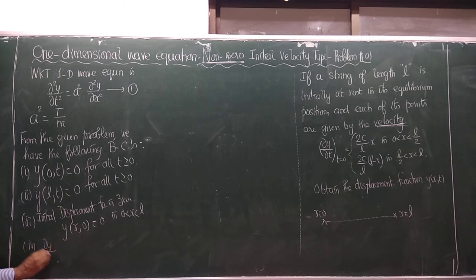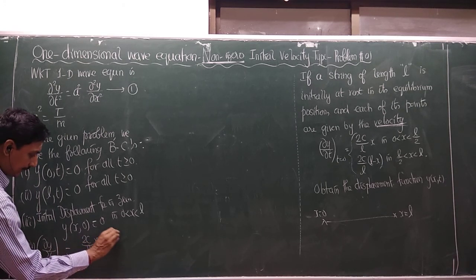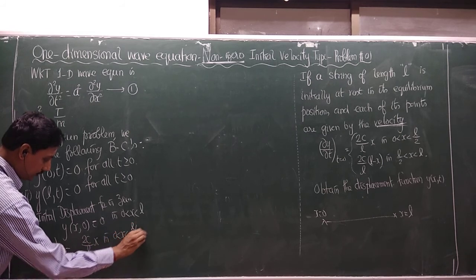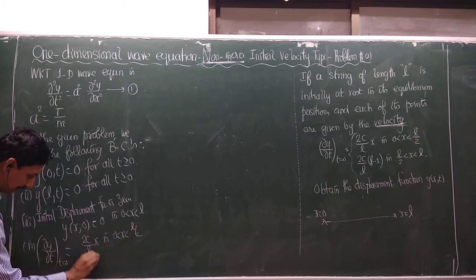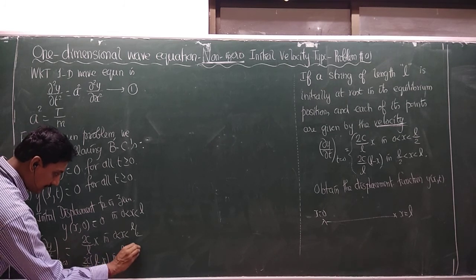What is the velocity given now? ∂y/∂t at time t = 0 is equal to 2c/L into x in 0 < x < L/2, and 2c/L into (L − x) in L/2 < x < L.